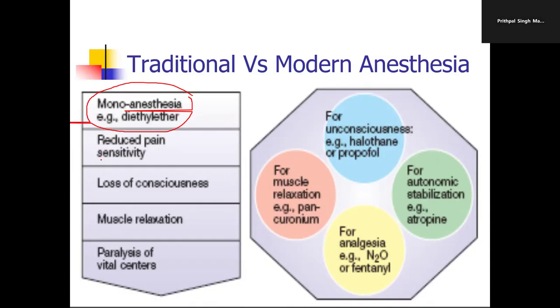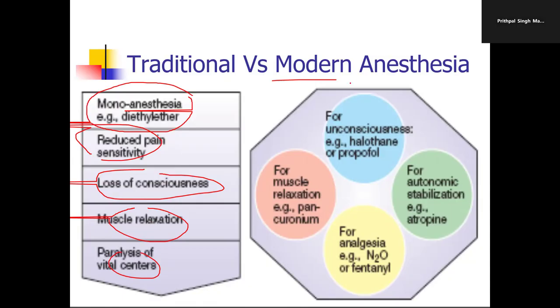It reduced pain sensitivity, caused loss of consciousness and reflexes, caused muscle relaxation, and even caused paralysis of the vital centers. All these were being produced by a single drug, and that too by varying the concentration of the drug. So, how is it different from modern anesthesia?